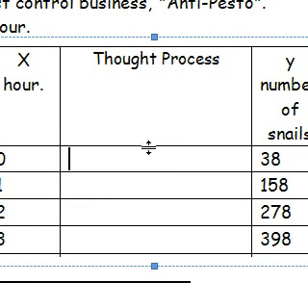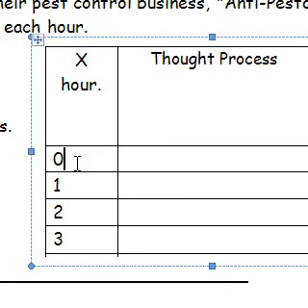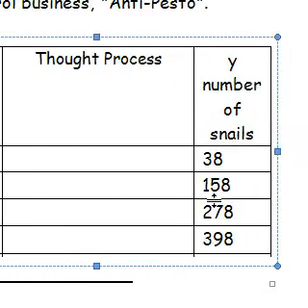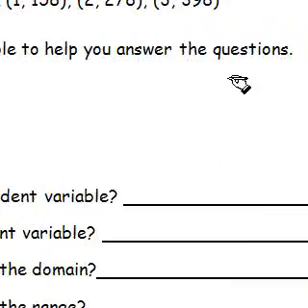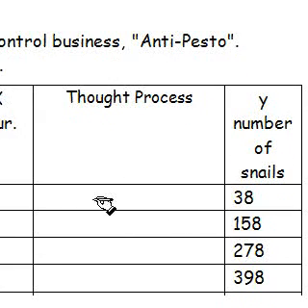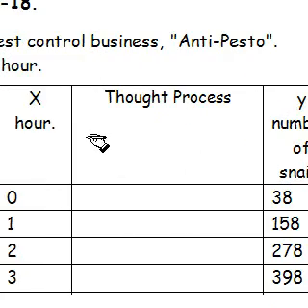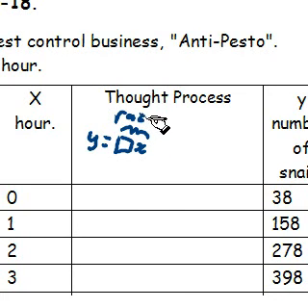Okay, so the thought process is, tell me how you got from 0 to 38, 1 to 158, 2 to 278, and so forth. Using our standard process, remember, y equals some rate times our x, our multiple. Remember, this is our rate of change plus our constant.